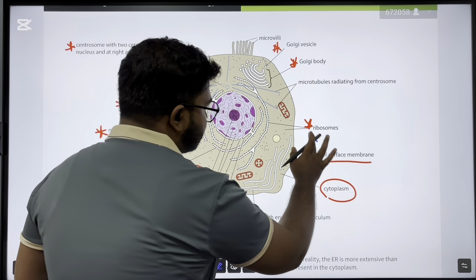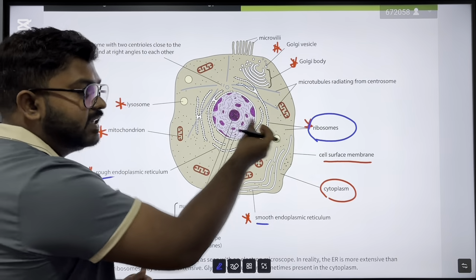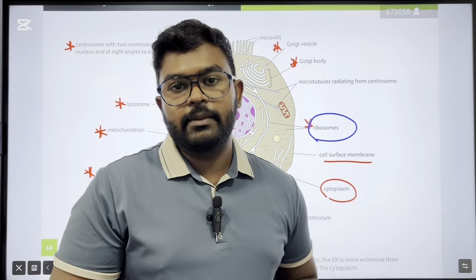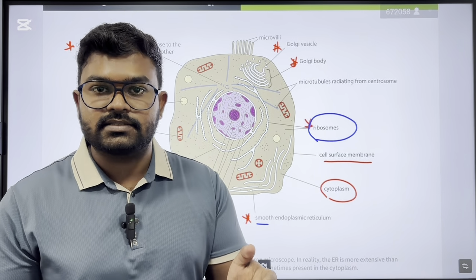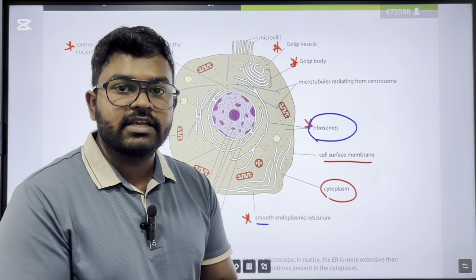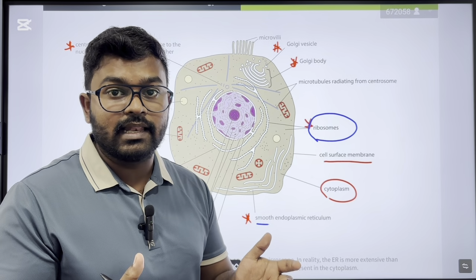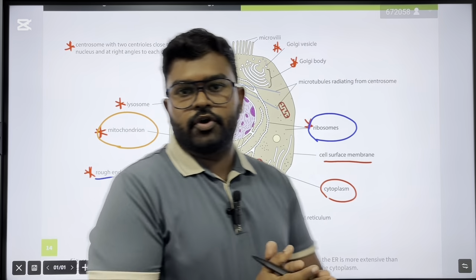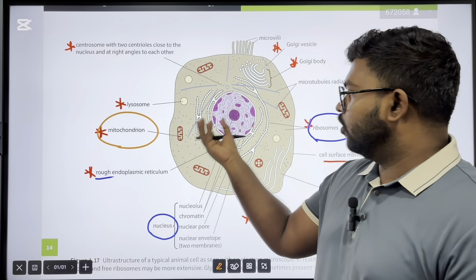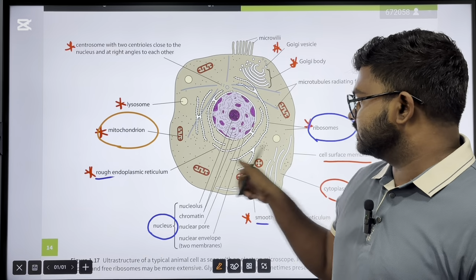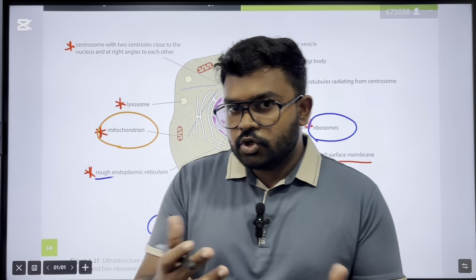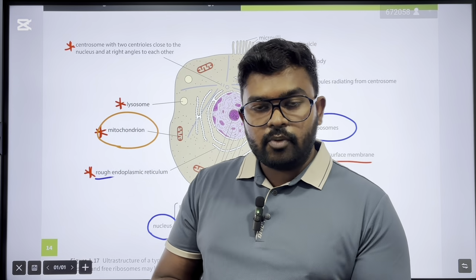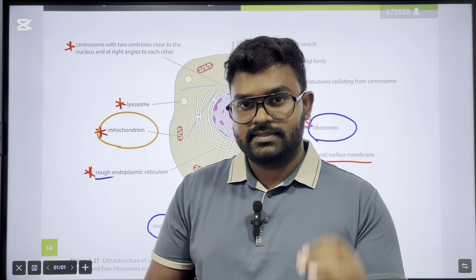Then what about these ribosomes? What are the functions of these ribosomes? Ribosomes are important for protein synthesis. These are like protein producing factories within the cell. Mitochondrion. What is mitochondrion and what is the function of this organelle? As you can see here, there are several mitochondria. Mitochondrion is important for aerobic respiration within a cell.